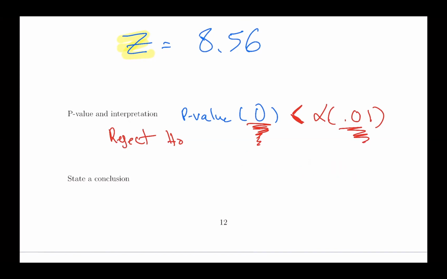All right, so the statement of conclusion. For this one, we're going to state a very simple conclusion. So think about if you are a jury, would you say that Kristen Gilbert is guilty of killing these people, or would you say she's not guilty of killing these people?